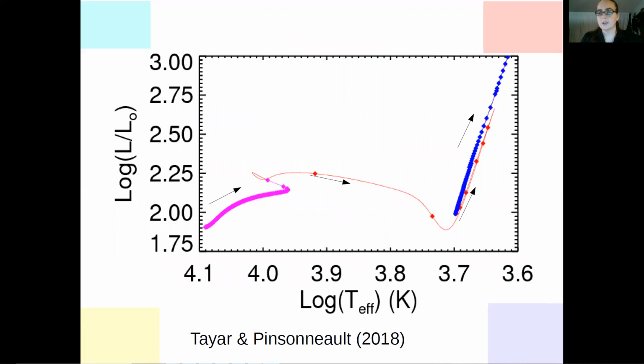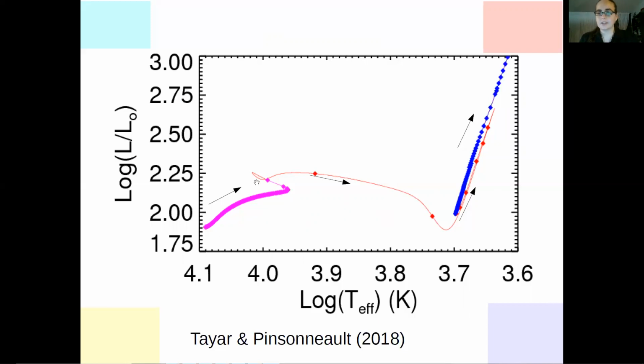So to anchor you, this is the evolutionary track in luminosity and effective temperature for a 2.6 solar mass star. You can see stars start out on the main sequence, burning hydrogen into helium in their cores in pink. In this regime, they have convective cores. Like more massive stars, they rotate rapidly and evolve relatively quickly.